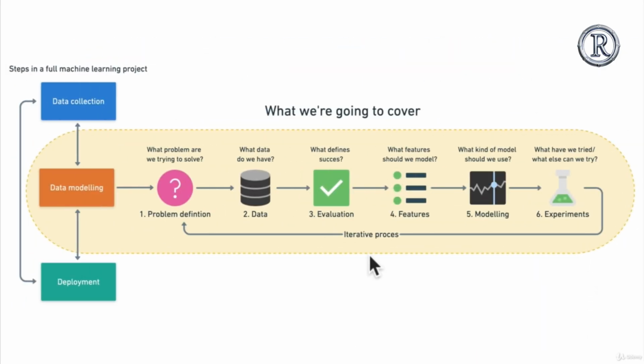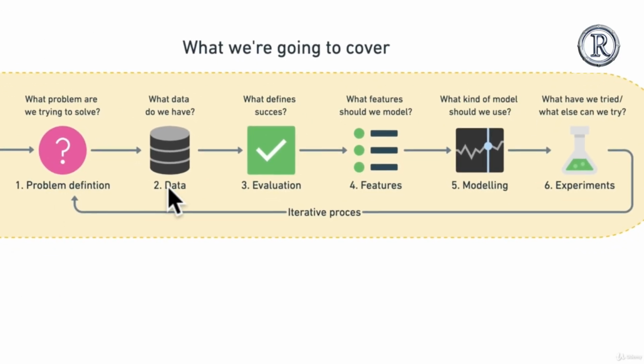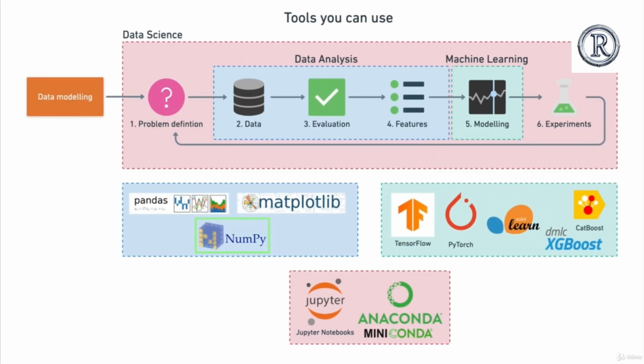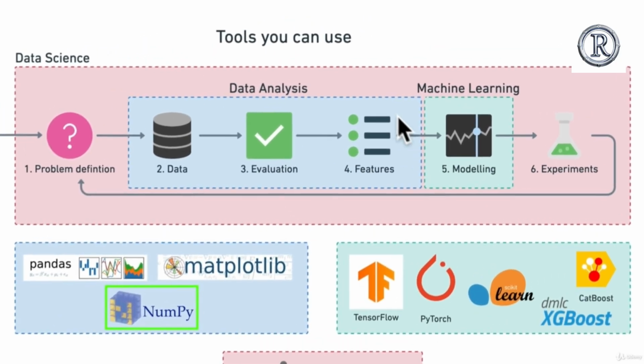So if we refer back to our machine learning modeling framework, we've got step 1 is problem definition, step 2 is data, evaluation, features, modeling, and experiments. And then if we have a look at what tools we can use, in this section, we're going to be focused on NumPy. NumPy comes into the data analysis section.